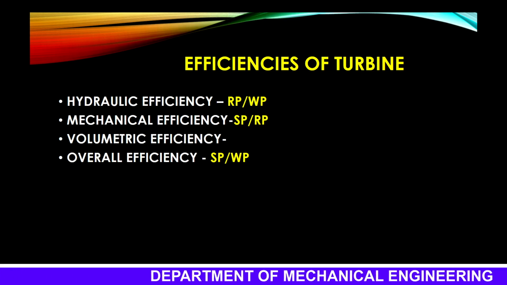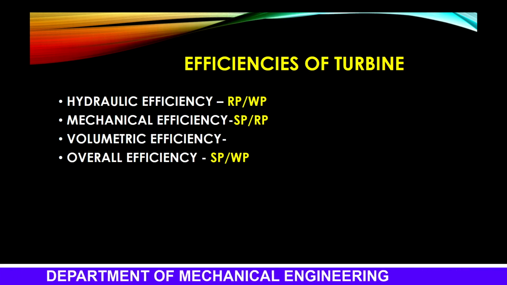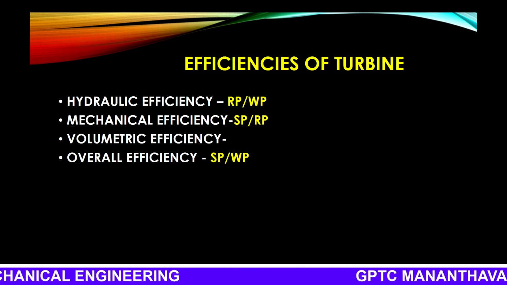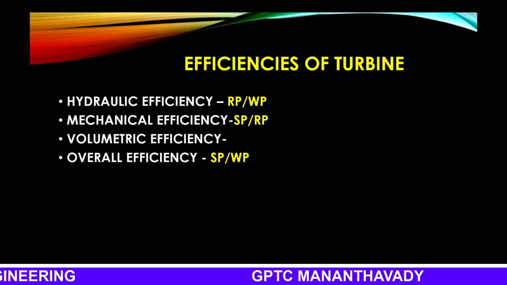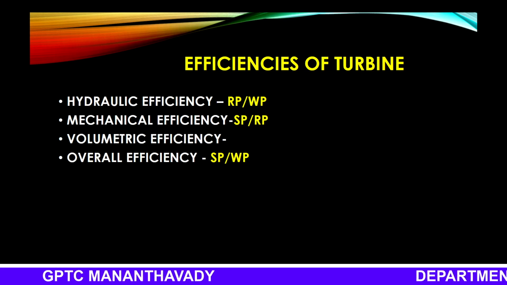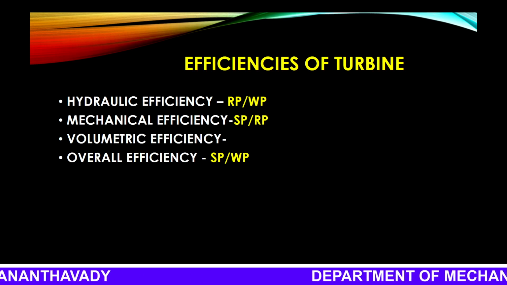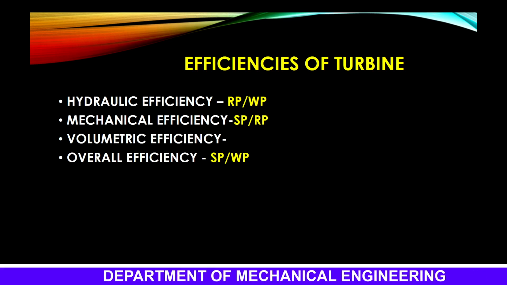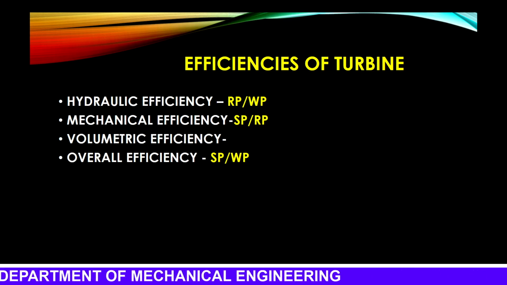For example, assume that X units of water are supplied in total, but unfortunately there are some losses in the form of some water not directly striking the runner or vanes. Instead of striking, it is directly released to the tail race.